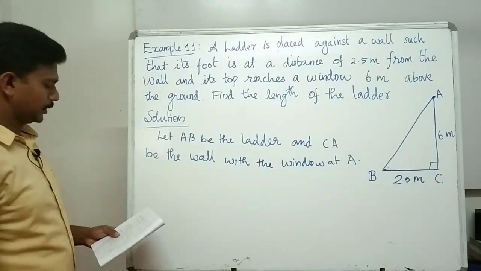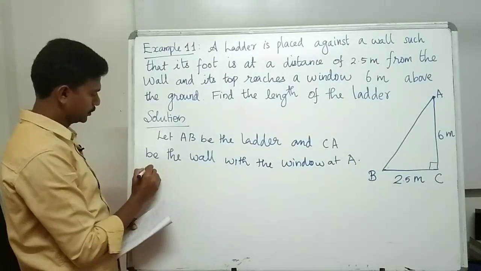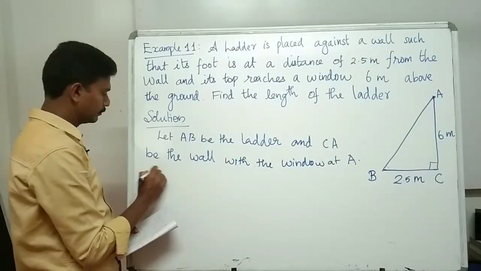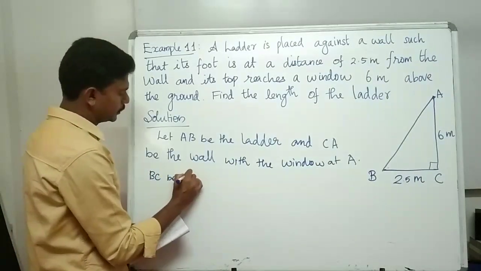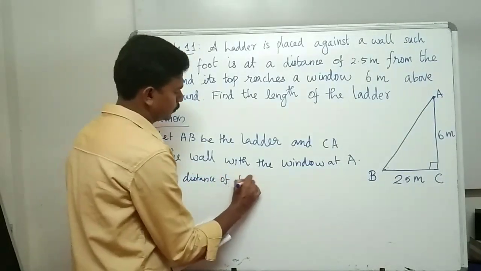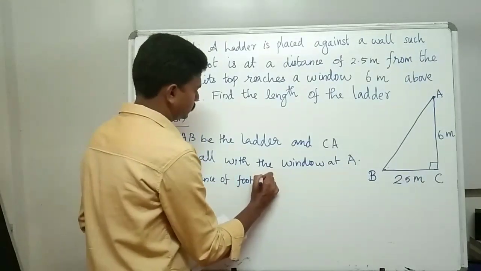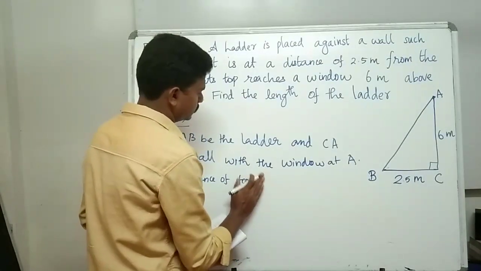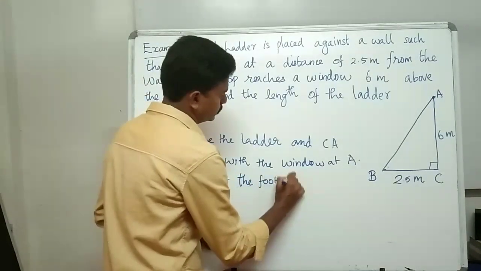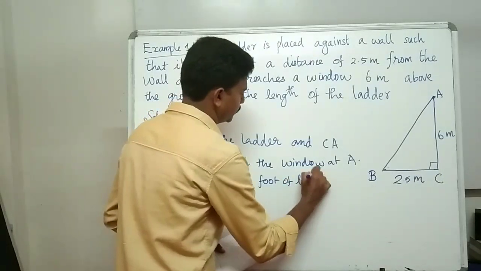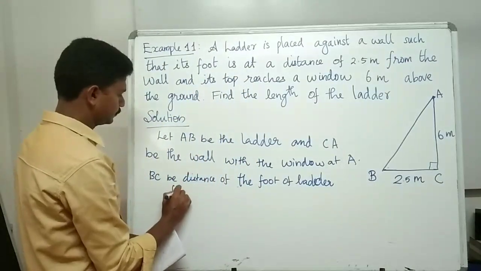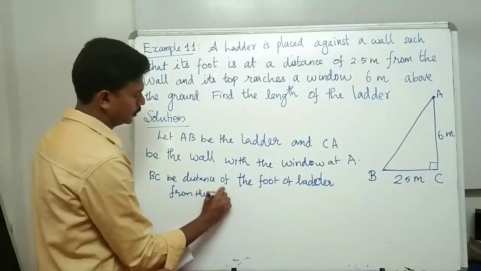Now we can write all the values. BC is the distance of the foot of the ladder from the wall.